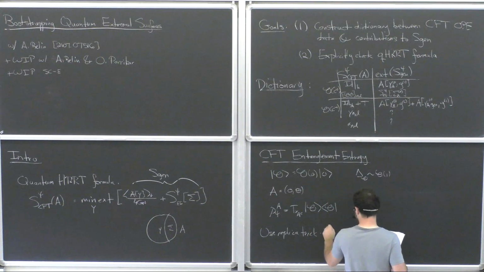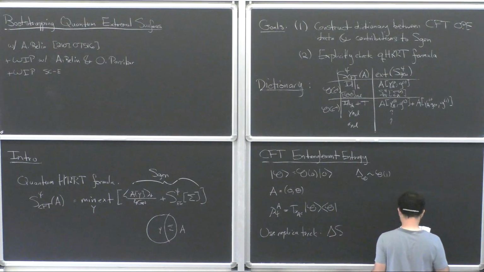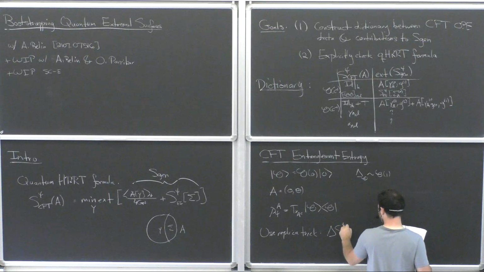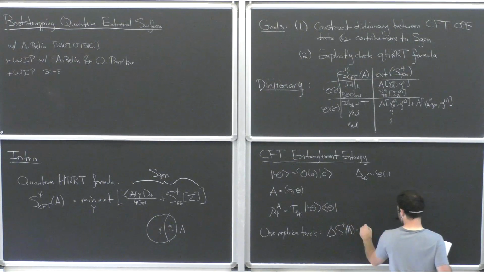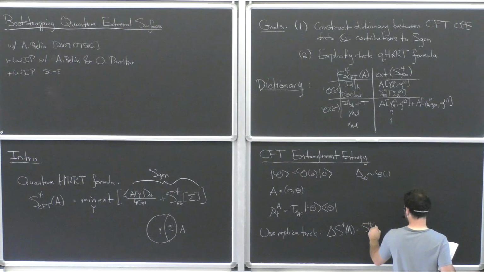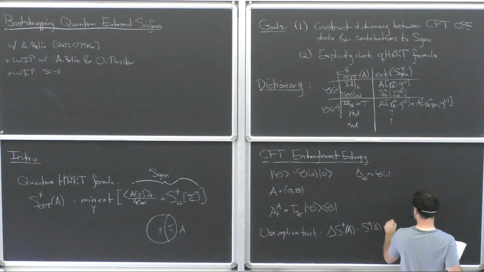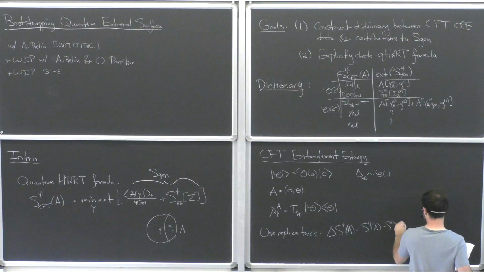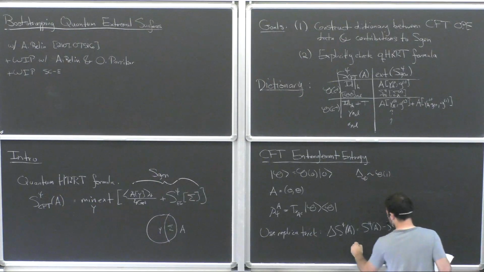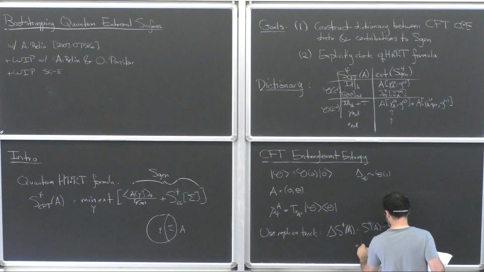So we want to compute the vacuum subtracted entanglement entropy in the state psi. And we compute this by just computing the Renyi entropy.